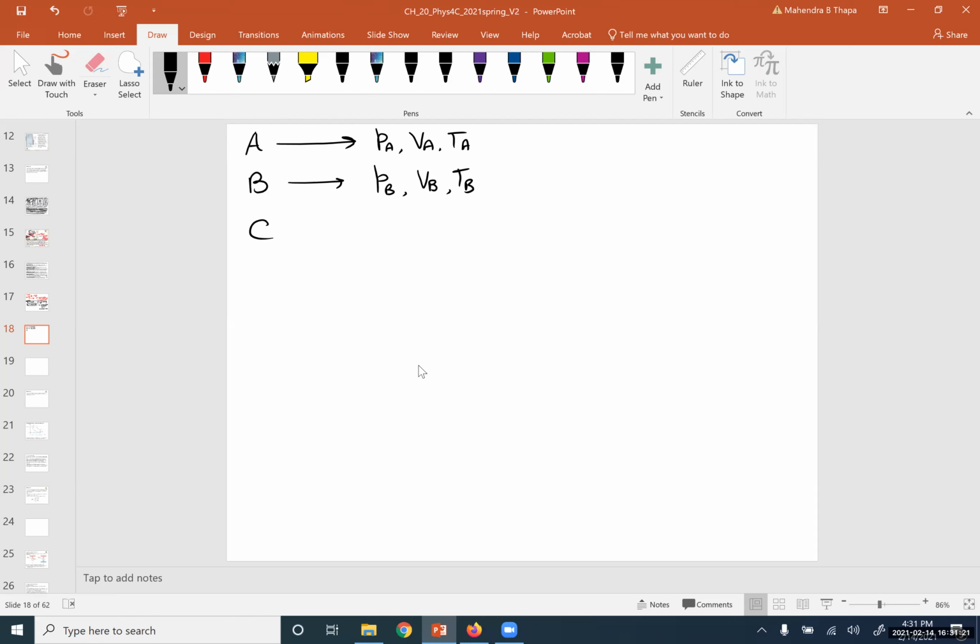Point C corresponds to pressure PC, volume VC, and temperature TC. And point D corresponds to pressure PD, volume VD, and temperature TD. If you consider the points B and C, for B and C, this is the same.